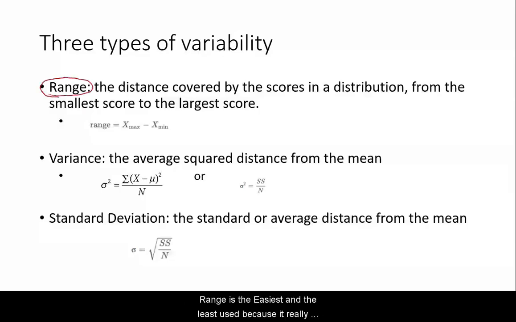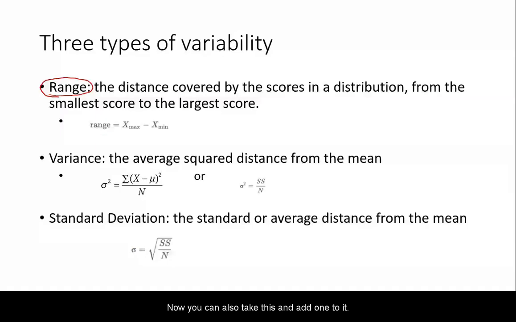Range. Range is the easiest and the least used because it really doesn't tell us a whole lot. It just tells us what the difference between the high and the low score is. So generally, to calculate the range, we just take the big score, subtract the little score. That answer is the total range.